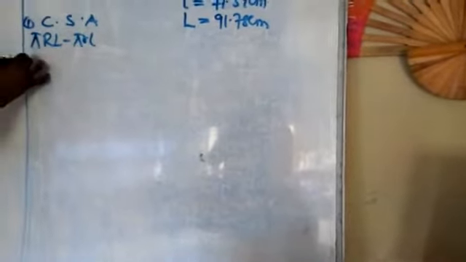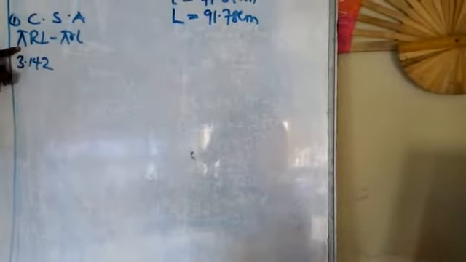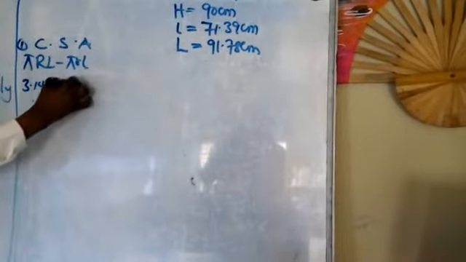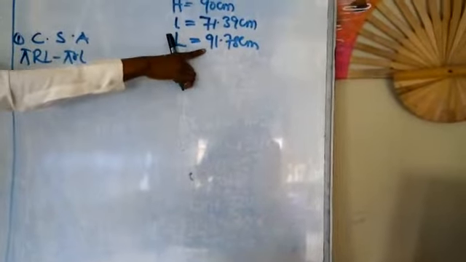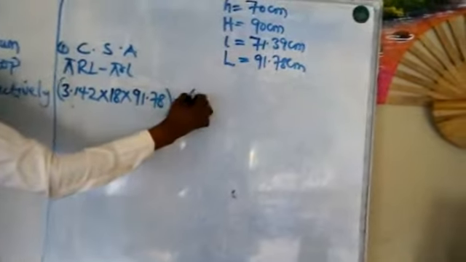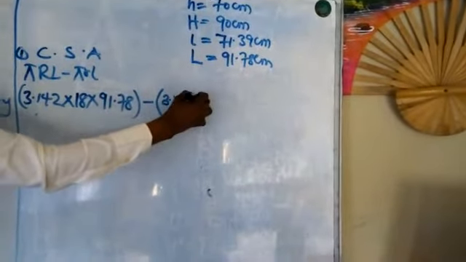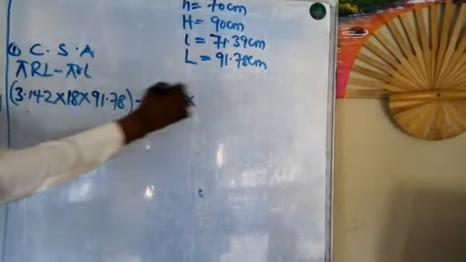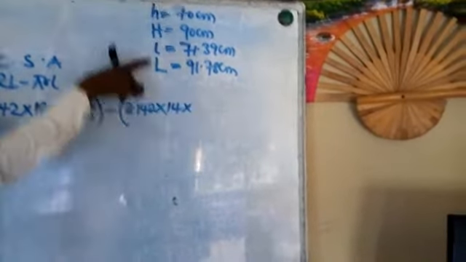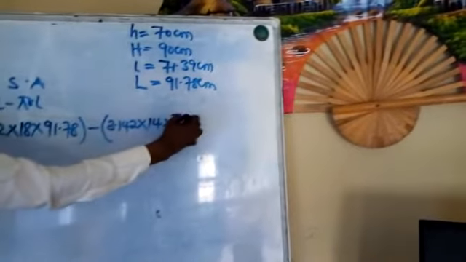So it becomes 3.142, the value for pi, times the big radius, which is 18, times the big L we have solved for, which is 91.78, minus 3.142 times the small radius, which is 14, times the small l we have solved for, 71.39.